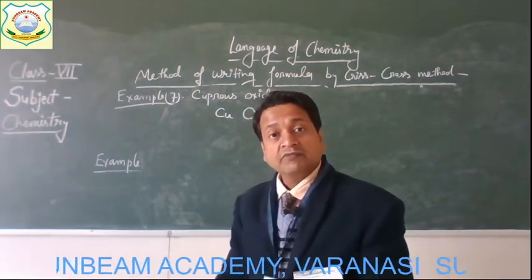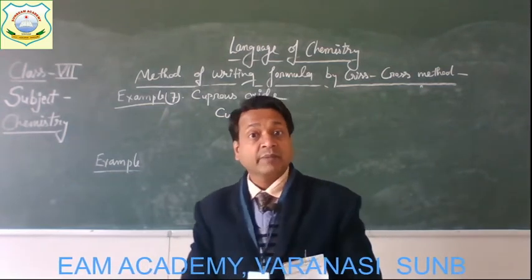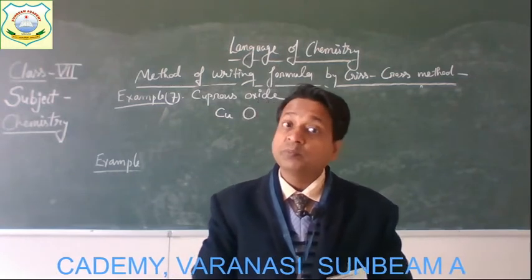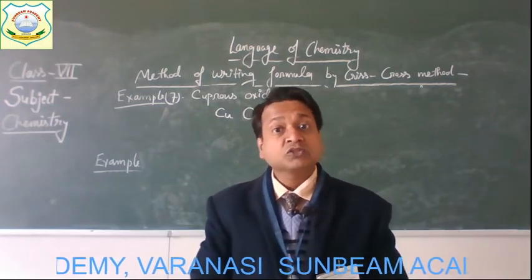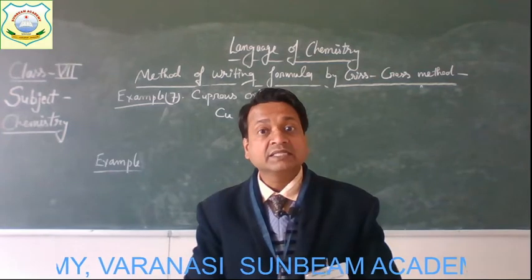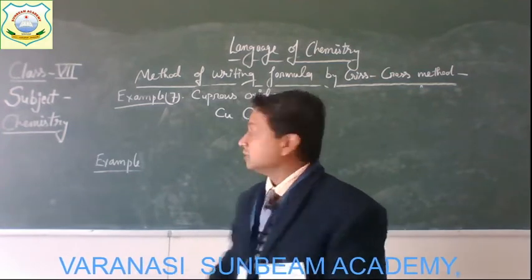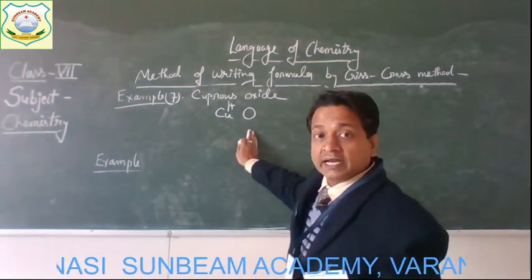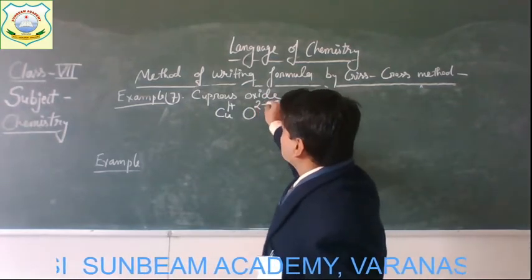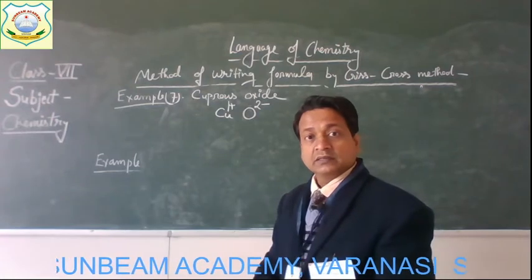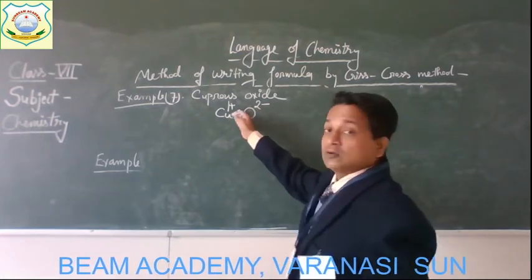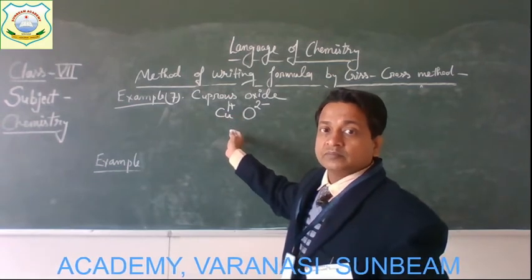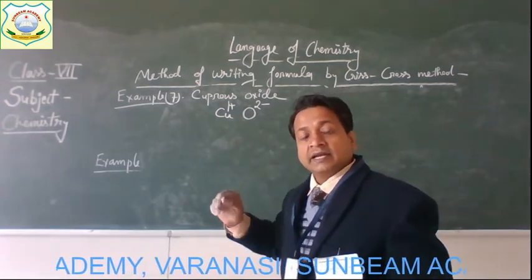The valency of cuprous, children must remember that it is cuprous, not cupric. Cupric has the valency +2, whereas cuprous has the valency +1. So the valency is +1 and the oxide has the valency -2. Get it? And there is nothing common in 1 and 2, so we will cross them and write the formula.